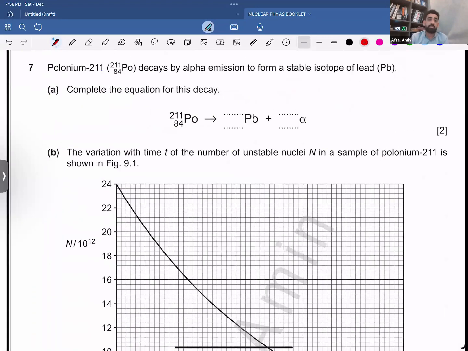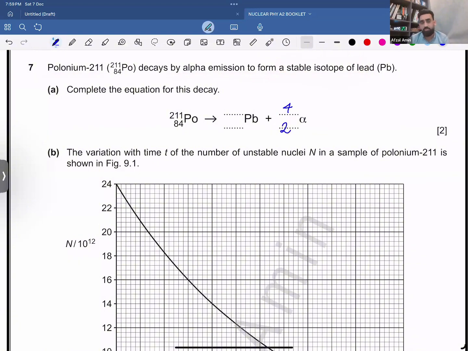Question number 7, my dear students. Polonium 211 decays by alpha emission to give you a stable nucleus. Now they already told you it is stable, so in such case you will have to look for a different option. Polonium gives you lead and alpha. First of all, start with alpha. You all know alpha is 4, 2.